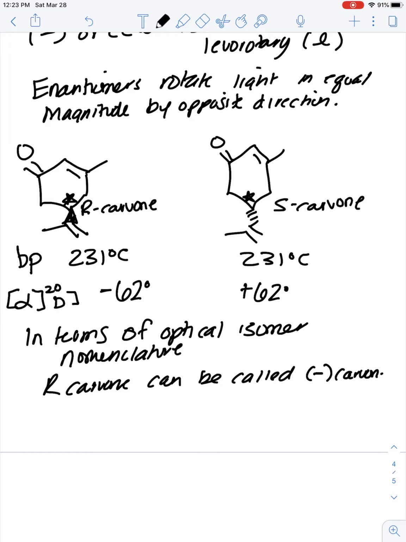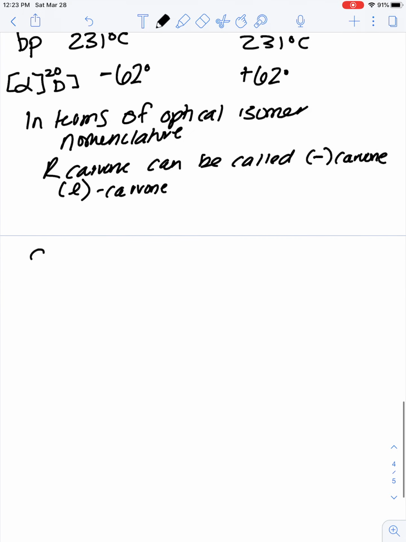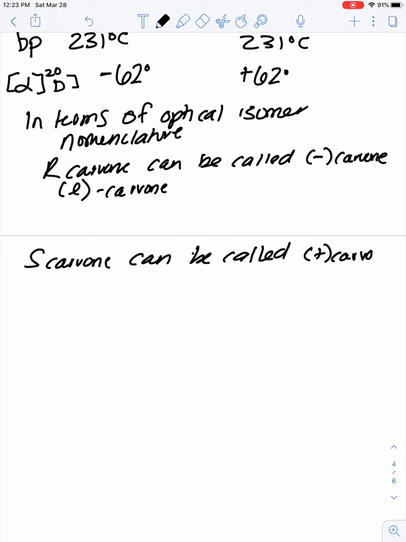So negative carvone, or more commonly, I would say you'll see it written as L carvone, whereas S carvone can be called plus carvone, again just indicating it's moving light in the clockwise or positive direction, or D carvone, which again is more commonly written.